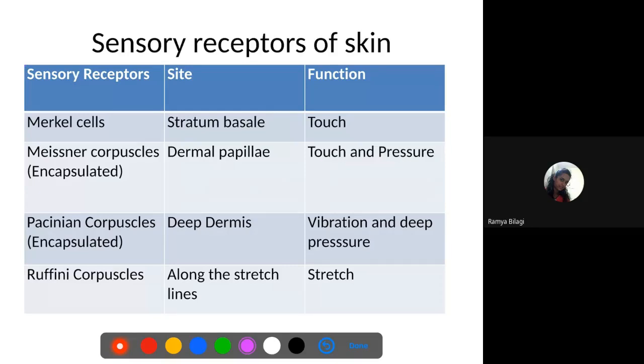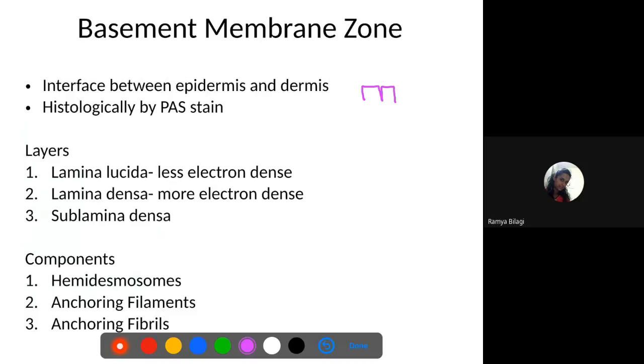Now that we have known the layers and cells of epidermis, let's know the basement membrane zone. What is it? We have the basal layer here in the epidermis and we have dermis underneath. So it is the interface between epidermis and dermis. To see it histologically, you can stain it using PAS stain.